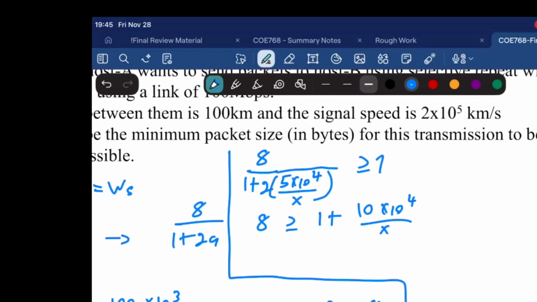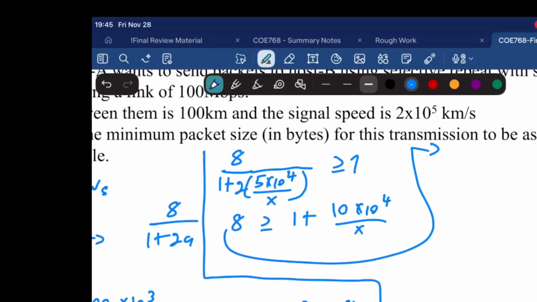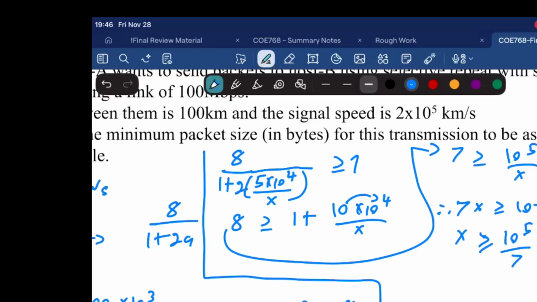So therefore, we take the 1 out, so 7 greater than or equal to 10 to the power 5 over x, just combining that. Therefore, 7x is greater than or equal to 10 to the power 5. Therefore, x is greater than or equal to 10 to the power 5 over 7.